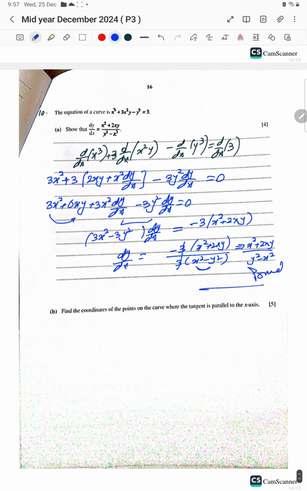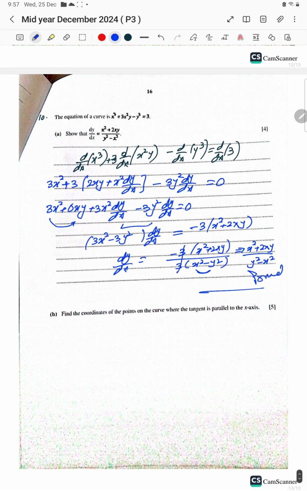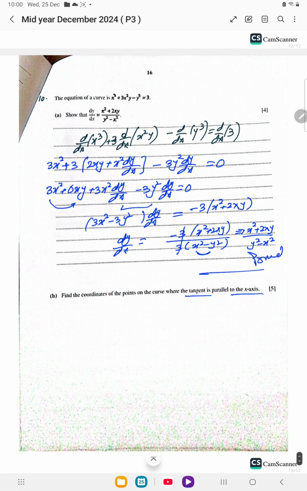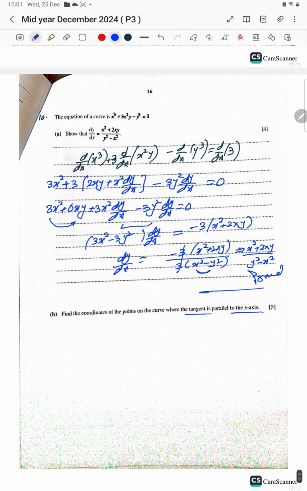I hope it is clear. So finally, find the coordinates of the point on the curve where the tangent is parallel to the x-axis. Okay, this final part of the question says find the coordinates of the point on the curve where the tangent is parallel to the x-axis. Parallel to the x-axis means the gradient is 0.